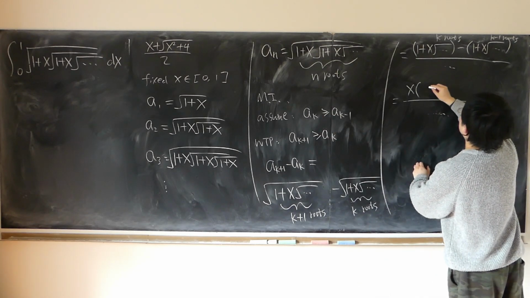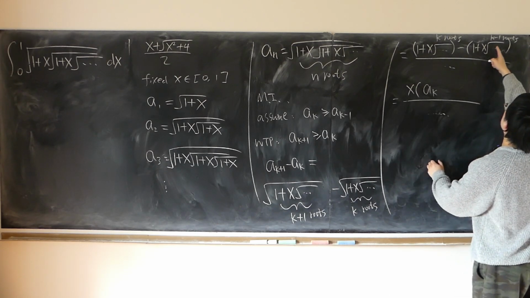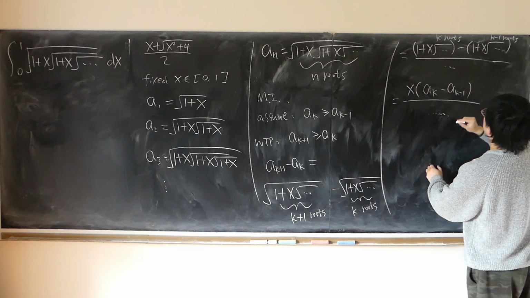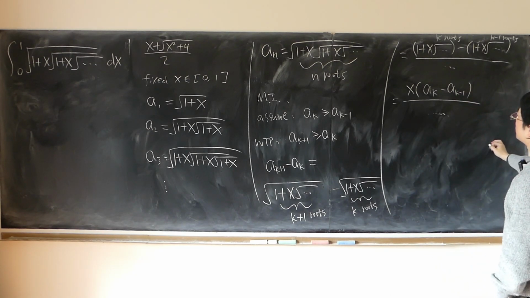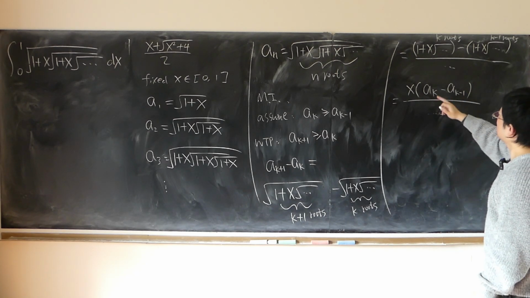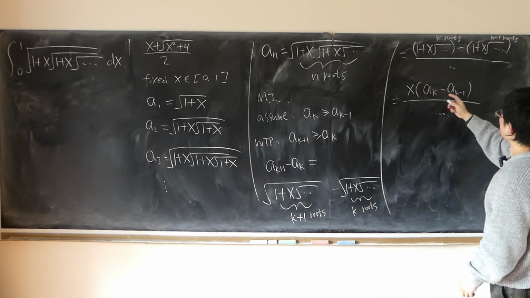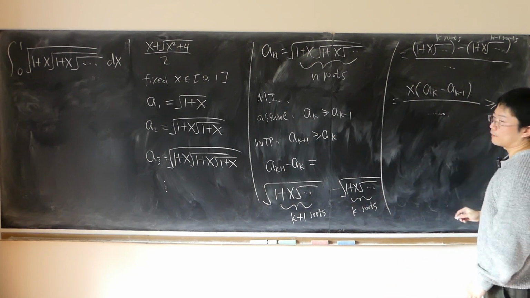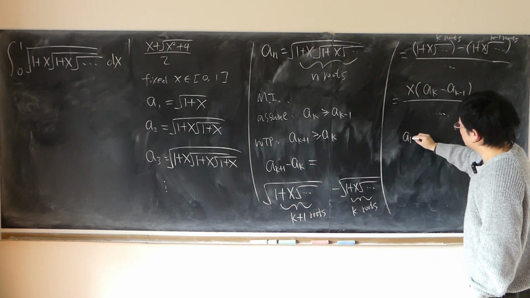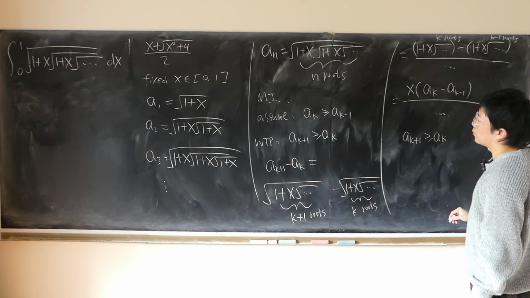So ak, and this is ak minus 1. Bottom is positive, x is positive. We assumed this is bigger than that, so it is positive. So yes, no problem.